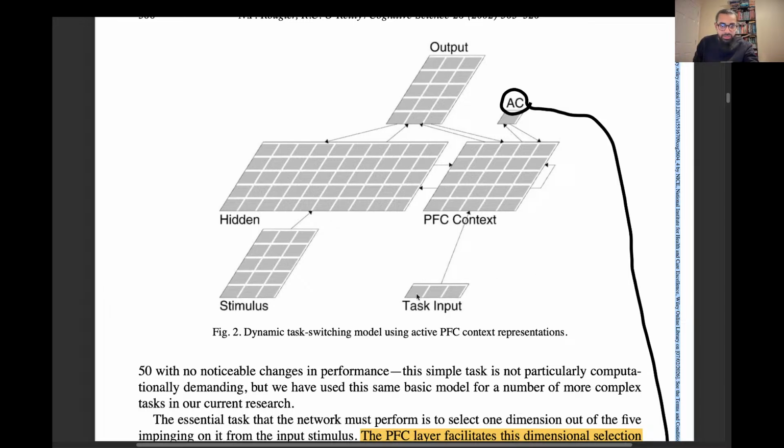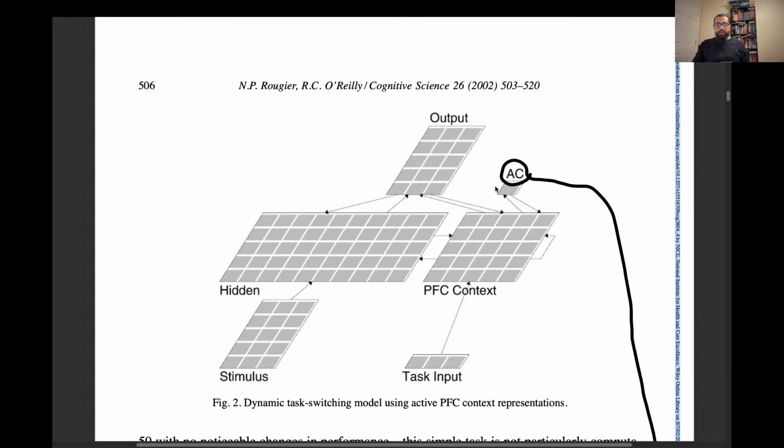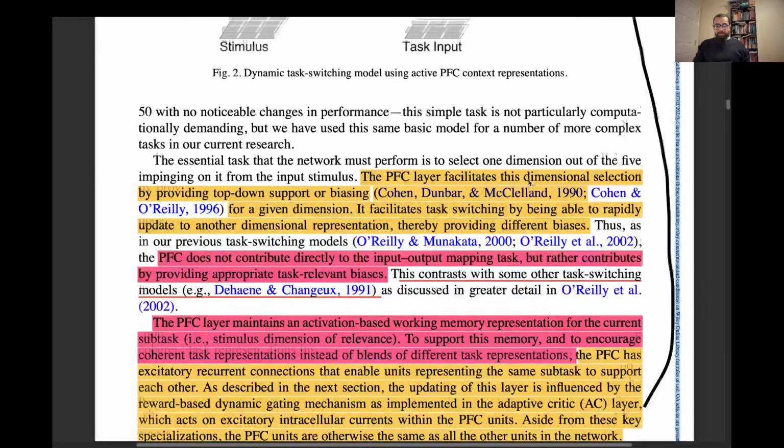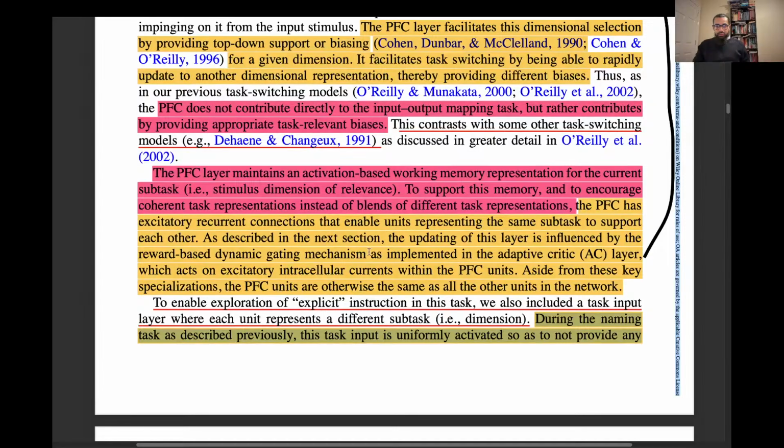So that's quite interesting. Okay, so the dynamic task switching model: the prefrontal cortex extracts information from the task input, obviously, and the AC, as I've tagged here, the adaptive critic layer, acts on excitatory intracellular currents within the PFC unit.